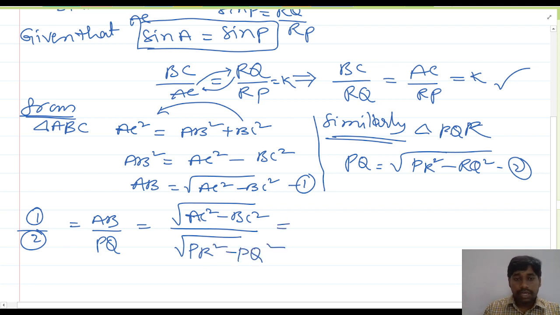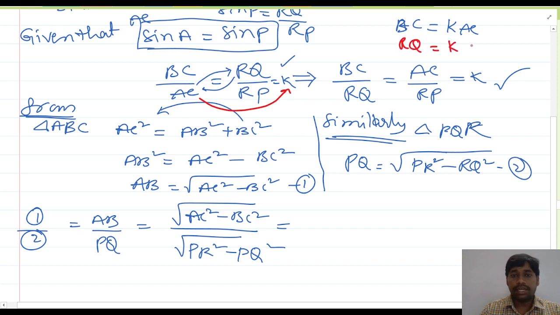Here BC can be written as K into AC. I will change the color of the pen to show you. Similarly, RQ can be written as K into RP.